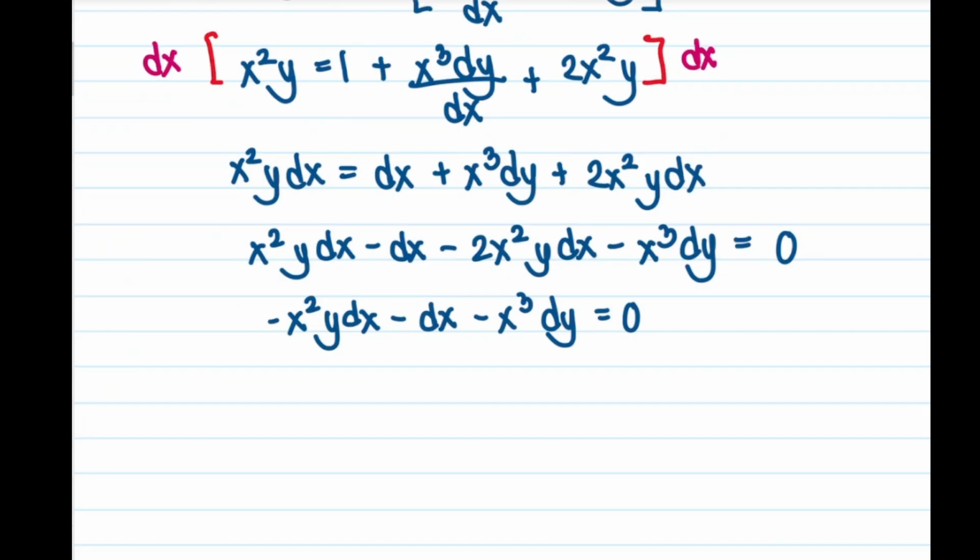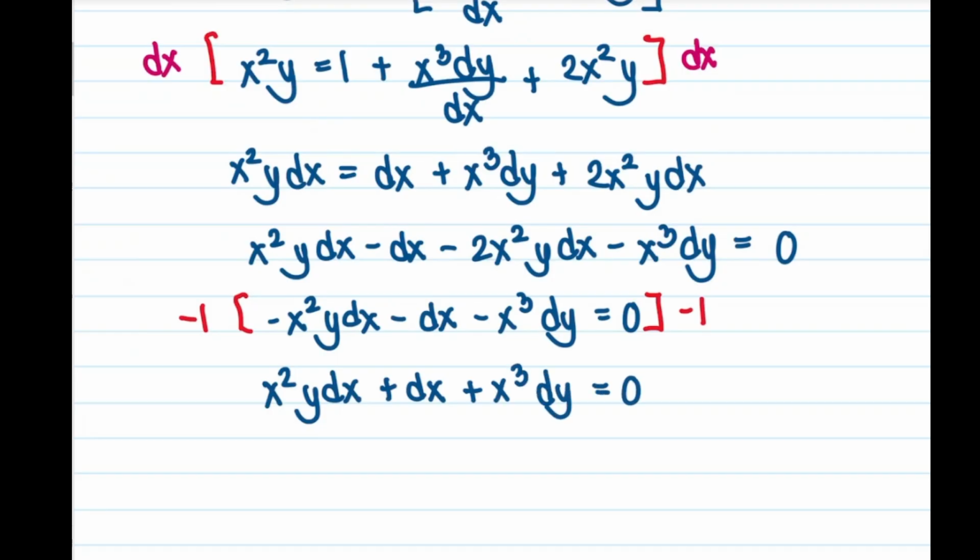So we can multiply both sides by negative 1. The answer here will be x squared y dx plus dx plus x cubed dy equal to 0.